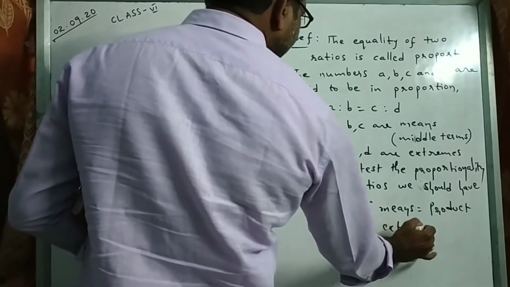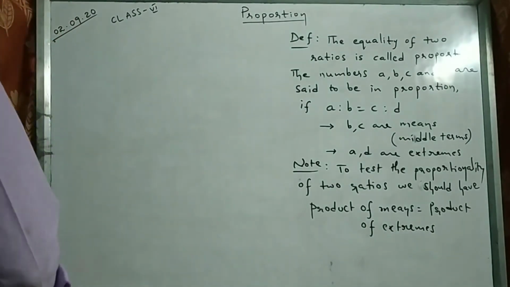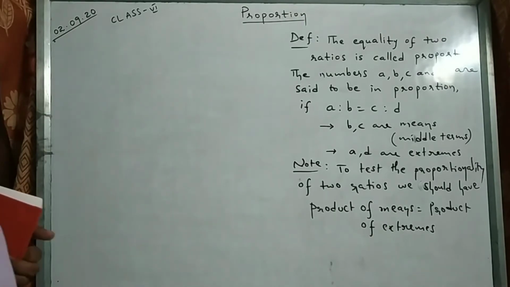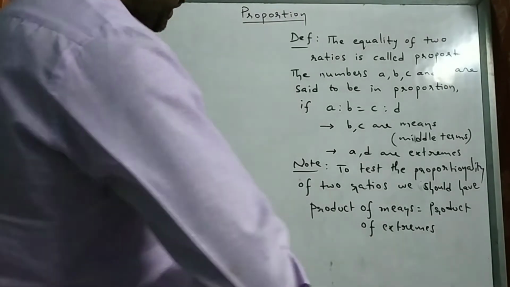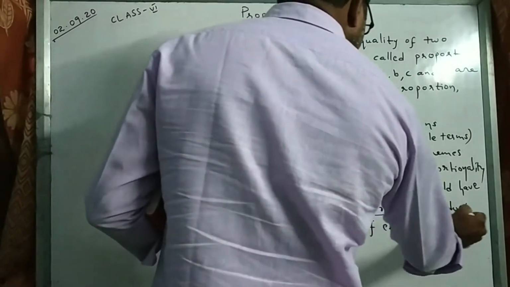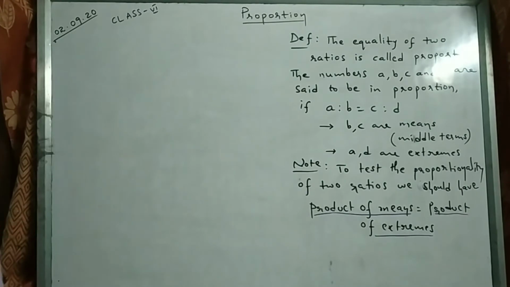So this condition you must remember. So what is the proportionality condition? Product of means is equal to product of extremes. It's a very, very important condition. So in our proportion, we will get this formula everywhere.